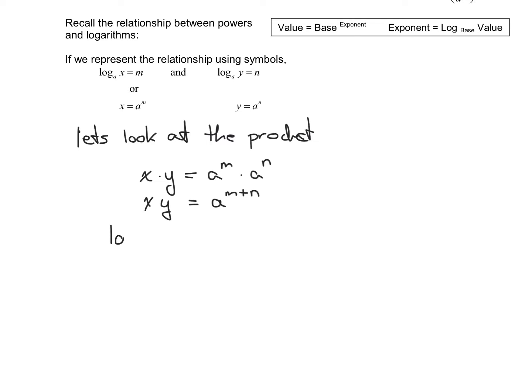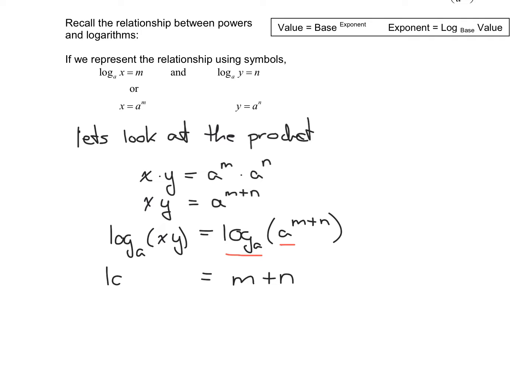I'm going to take the log base a of xy, and the log base a of my right side, which is a to the m plus n. On the right side, I have a logarithm and a power, both base a. We know over the last few days that those undo each other, or cancel each other out, and this is actually m plus n.